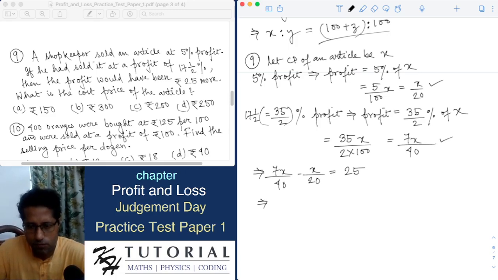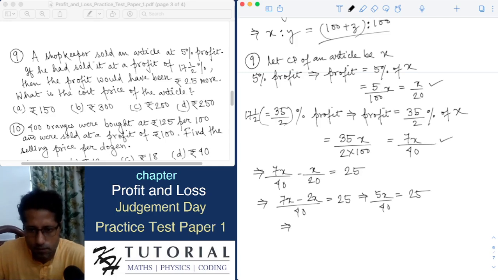This implies, if you simplify the left hand side, it is 7x minus 2x by 40 equals 25. This implies 5x by 40 equals 25. This implies x equals 40 into 25 divided by 5.